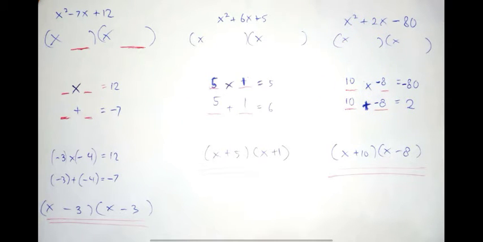Now the trick here is, if you see a negative sign on the product of the multiplication, the easier thing to do is think of what number times what number is 80, and what number minus what number is 2. Understand what I'm saying?